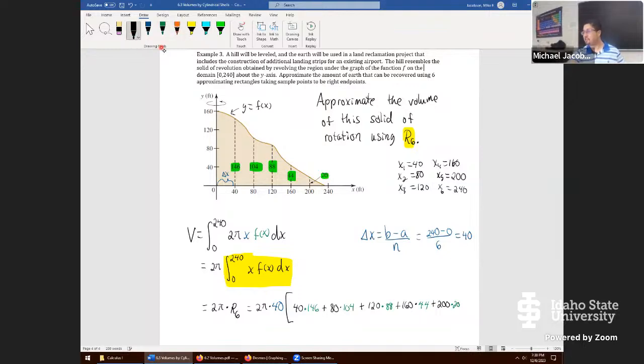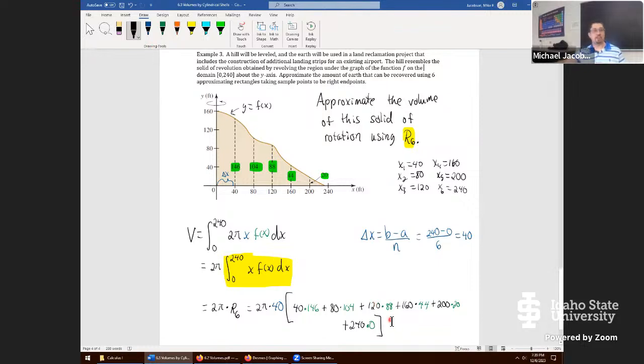And there is still one more. It's going to be plus 240. They didn't say much on this diagram here, but we can interpret it as hitting the x-axis finally at this location. So times 0. The last term turns out to not have mattered with the right endpoint rule.